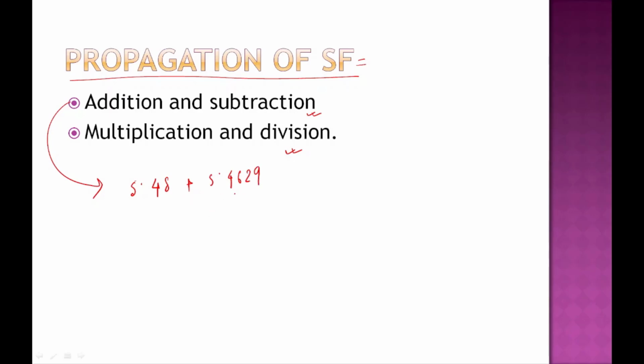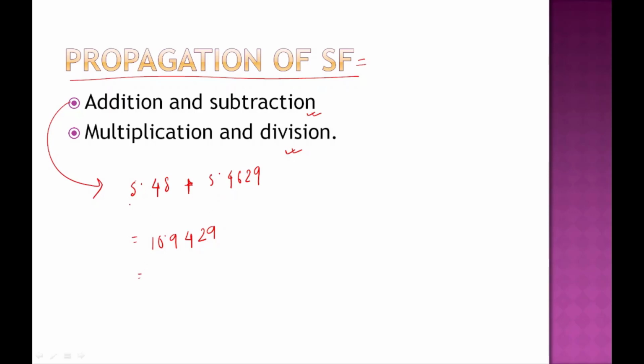These are the two numbers given to us and we have to perform addition between them. If I do the addition, 10.9429 is the answer of these two numbers added together.